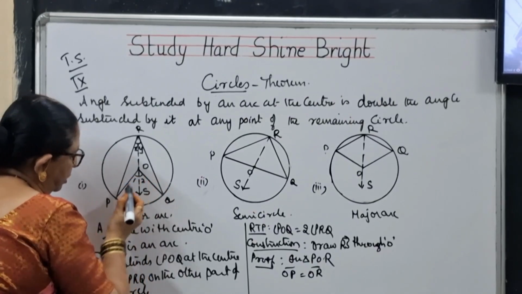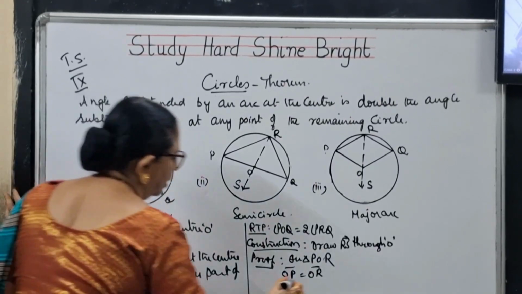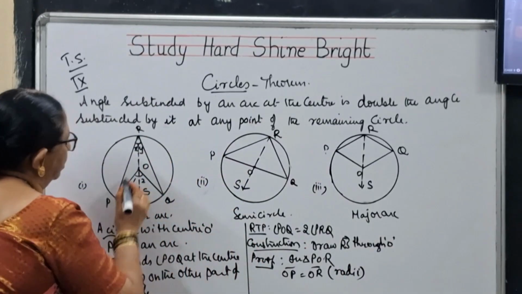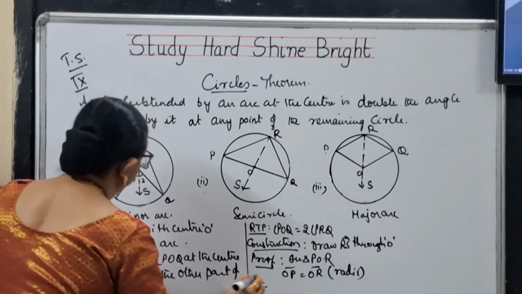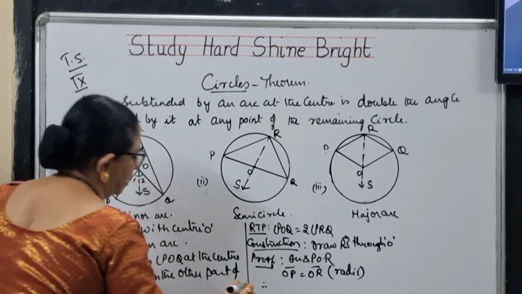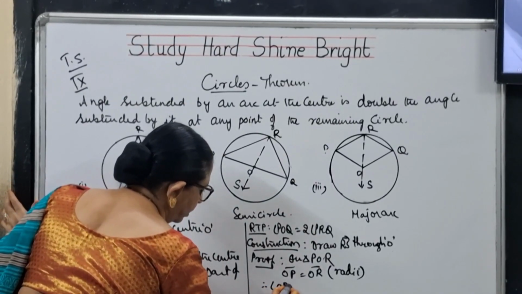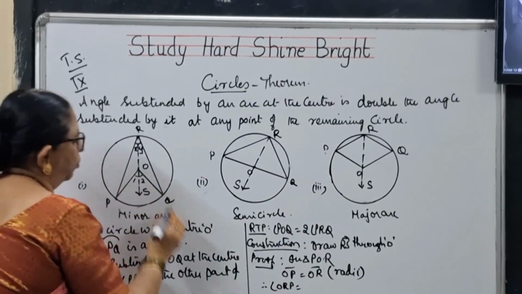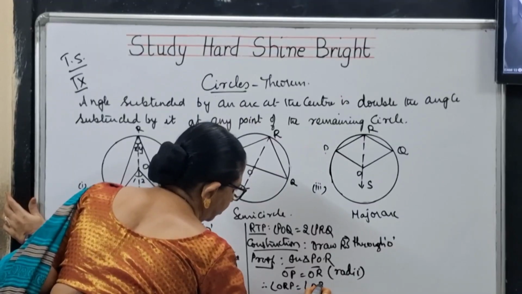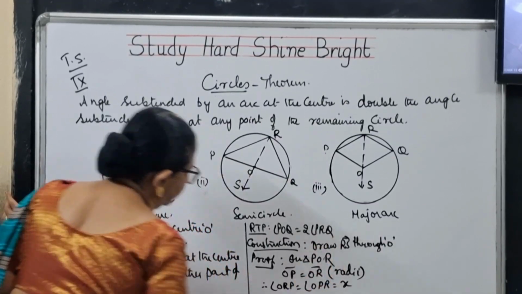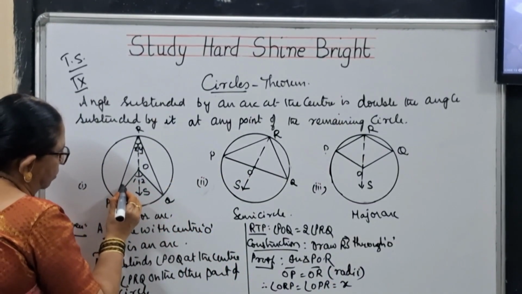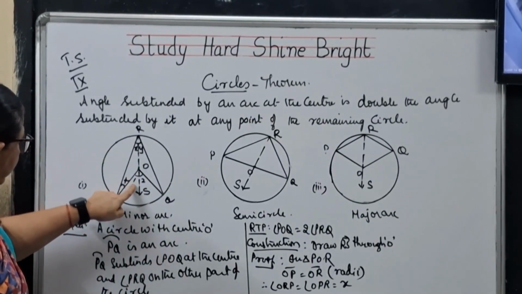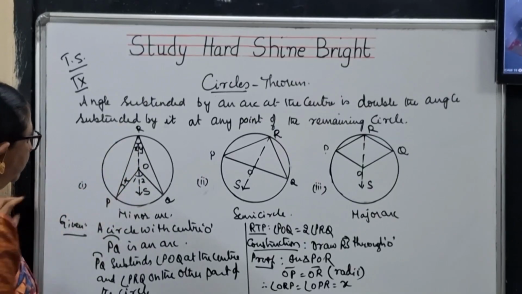They are the radii, from here to one part, here to one part. So they are equal. Therefore, we can say that angle ORP is equal to angle OPR. Angle OPR is equal to X. So if that is X, this is also X.